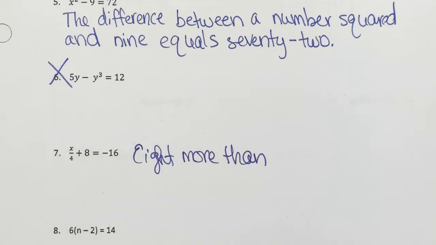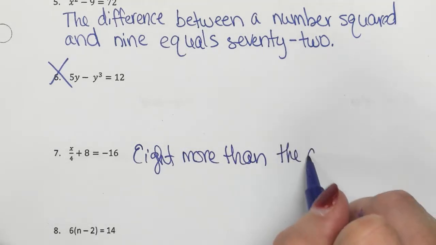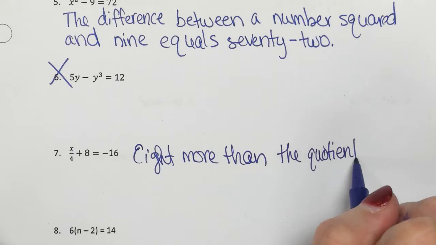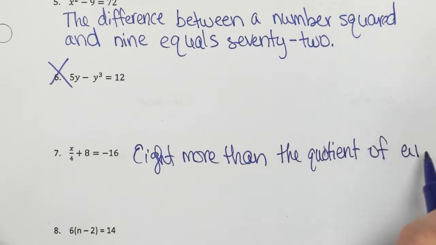Come on, guys. 8 more than what? All right, the quotient of a number and 4. Very good.